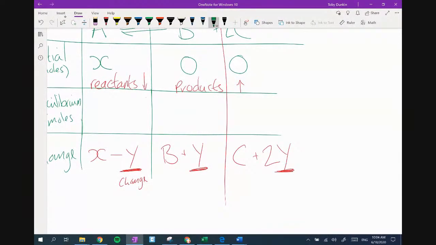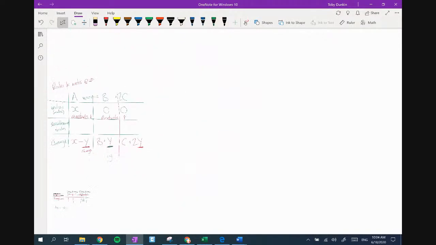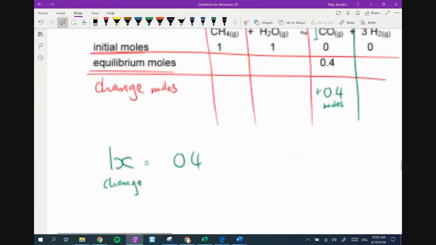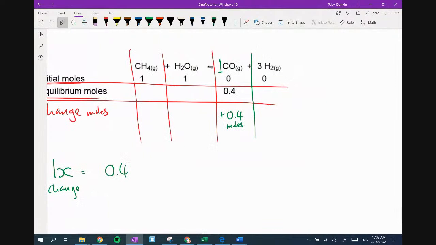B went up by 1 Y, 1 change, 1 X, 1 Y. This is now going up by 2 Y's because of the ratio. Ah, you see, she's already got it. Thank you, Dana. Thank you, Jasmine. Well done, they've got it. It has a 3 in the equation, which means I'm actually going to go up by plus 1.2. So the great thing is, because it started at 0, it just becomes 1.2.